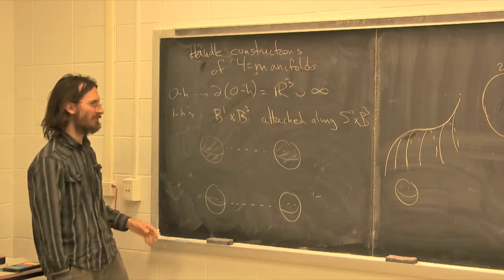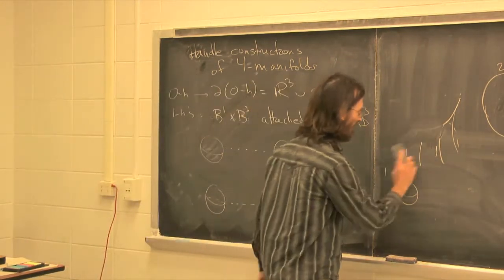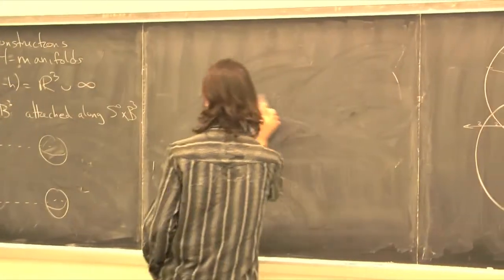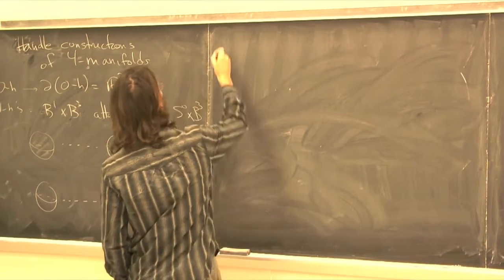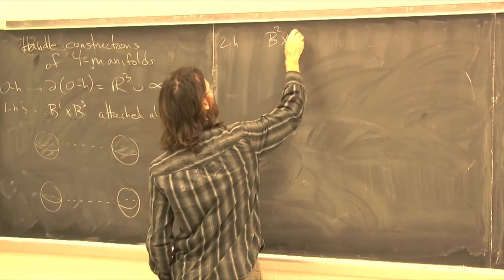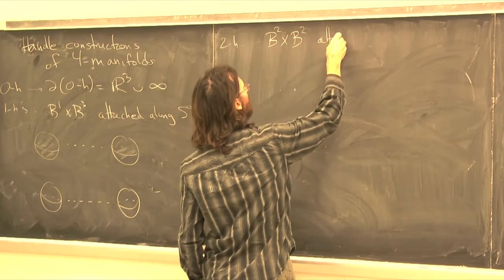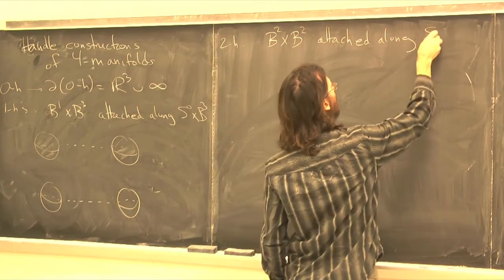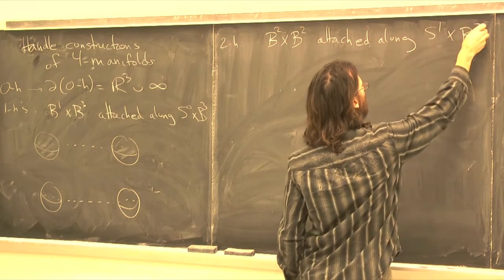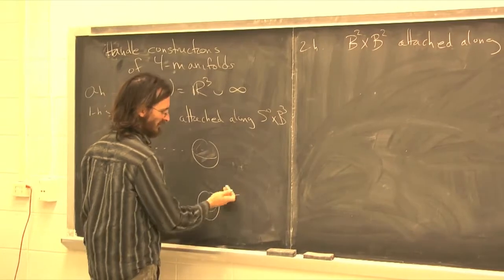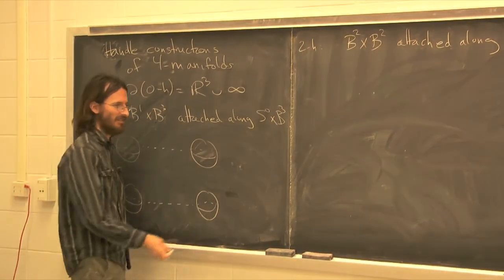Okay. And now I want to draw 2 handles, and 2 handles are drawn by embeddings of S1 cross B2. A 2 handle is B2 cross B2 like that. You can draw lots of solid tori running around. You can draw a solid torus that doesn't interact with the 1 handles at all.